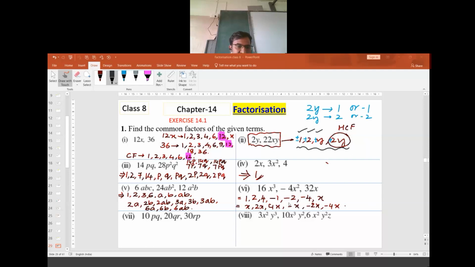Here, if you don't write minus x, minus 2x, minus 4x, your answer is still correct: plus or minus x, plus or minus 2x, plus or minus 4x. Very good. So if you don't write all the negatives, the answer is still correct. If you have written them, it's okay.